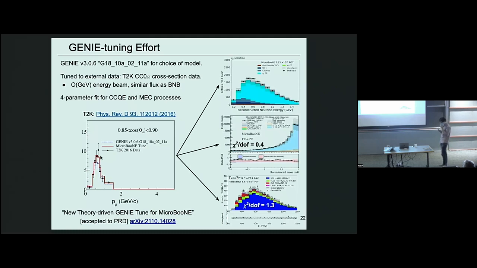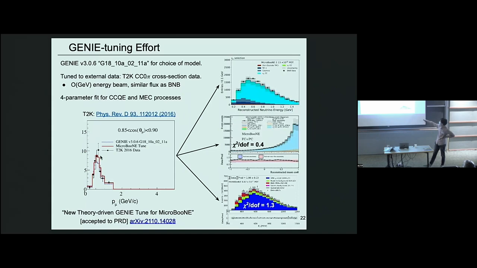But what we wanted to do was really try and benchmark this model with some data. What we ended up doing was identifying some key model parameters that we wanted to tune to external data, in order to increase somewhat the robustness of the model and have it talk to data before we use it for these exciting analyses.